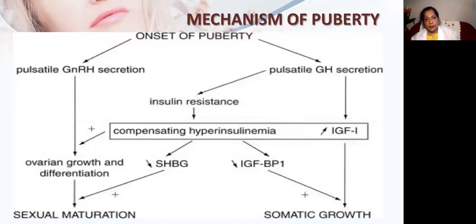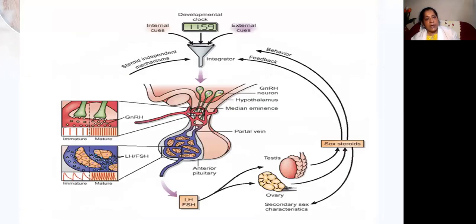So the onset of puberty starts with pulsatile GnRH secretion. It is associated with pulsatile growth hormone secretion as well. So gonadotropins are responsible for sex maturation, while pulsatile growth hormone secretion is responsible for somatic growth. The biological clock starts.